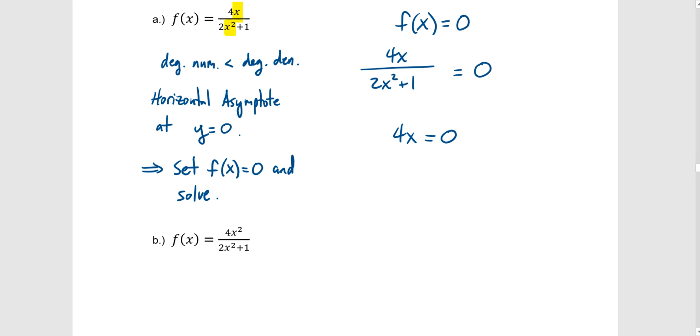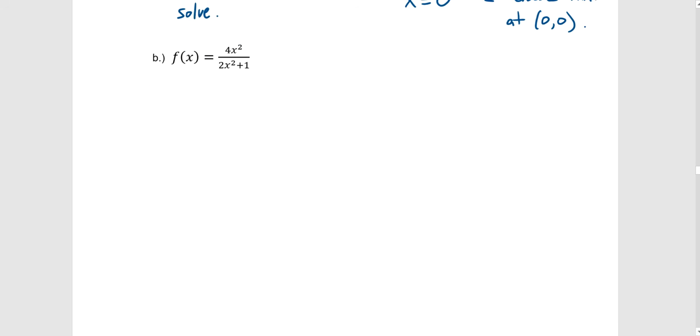So we get 4x equals 0. Divide both sides by 4. That gives us x equals 0. So since we actually could find a value here, since we actually solved it, that means it crosses the horizontal asymptote at x equals 0. Since the horizontal asymptote was at y equals 0, that's how we knew that that was the y coordinate.